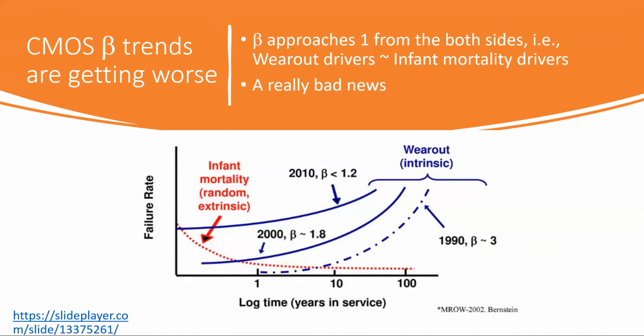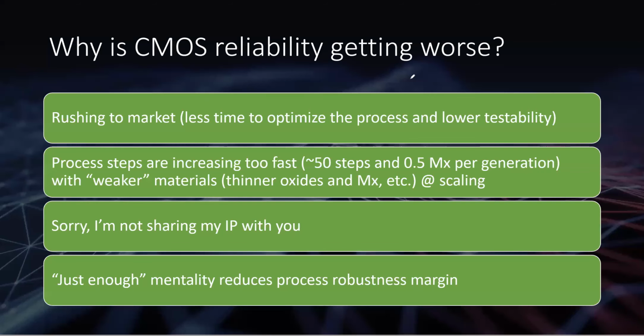Okay. So why is CMOS reliability getting worse? It's because we always try to rush to market. Look at the iPhone, Samsung phone, Pixel. They come up with a new product every year these days, right?